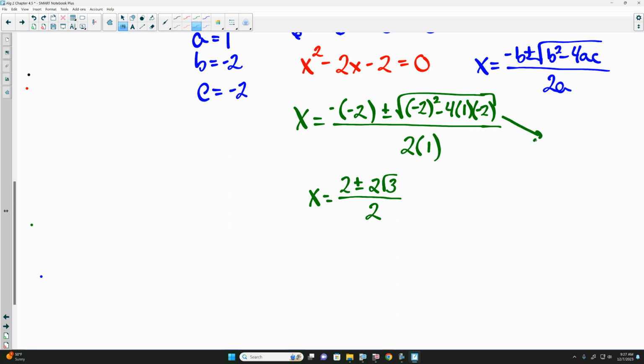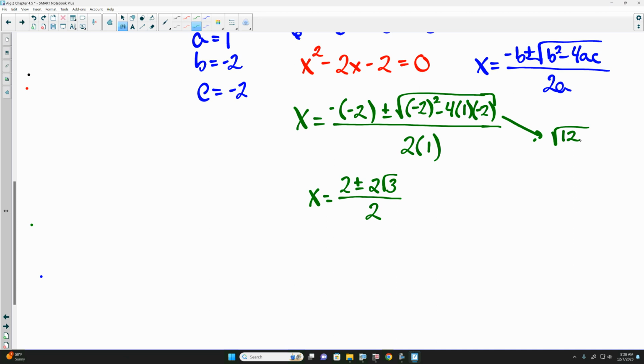You don't have to write this step down, but the in-between step is that this actually reduces to the square root of 12, and the square root of 12 reduces to 2 square root of 3. Because 12 is 4 times 3, square root of 4 is 2, can't take square root of 3. So the 2 comes out, 3 stays in. Questions on this here?